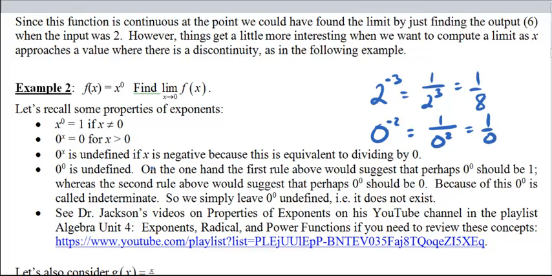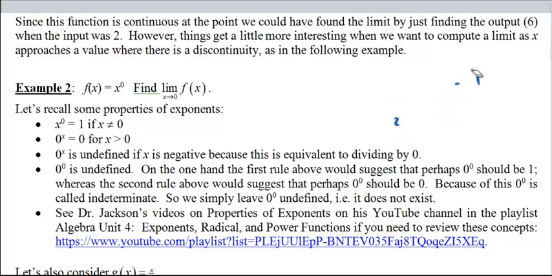So what about 0 to the 0 power? If you look at the first rule right here, that rule would kind of indicate maybe it ought to be 1. But if you look at the second rule, it indicates that, well, maybe it ought to be 0. Because these rules don't line up and they don't match, we can't get a consistent single answer for 0 to the 0.